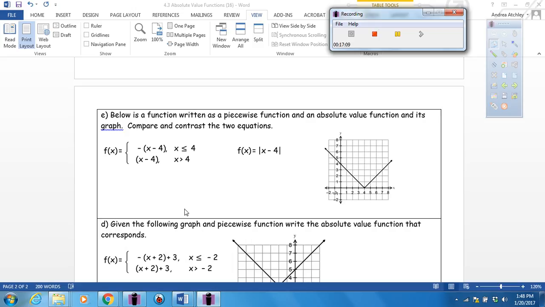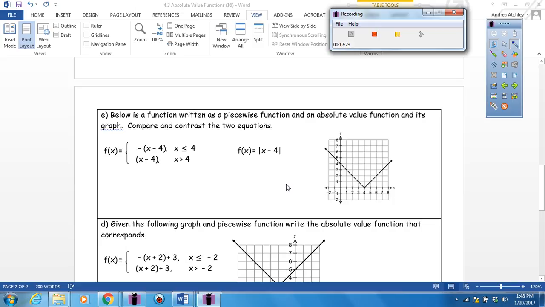Okay, Marissa, what did you write? What was something that you saw? You noticed about the two equations? Okay. Well, this isn't necessary because it doesn't have a domain, so we don't know if it has the numbers that are just less than 4. This has all the domain. It has everything here that's graphed.